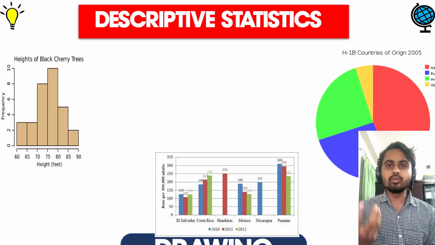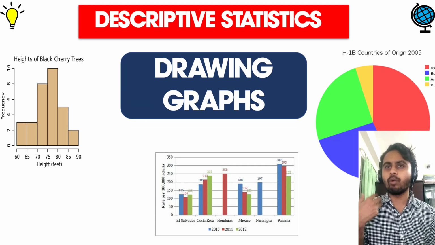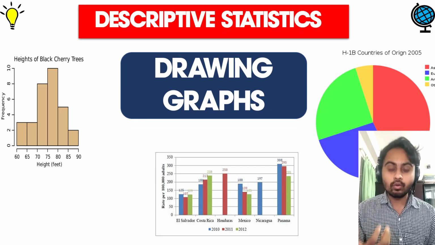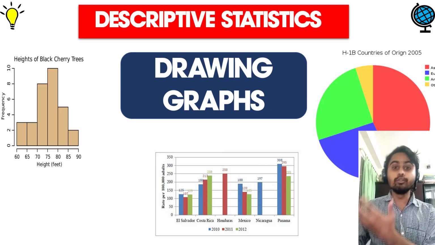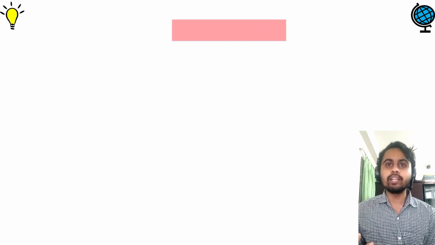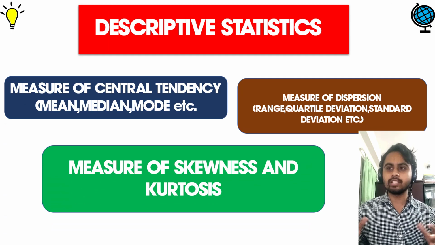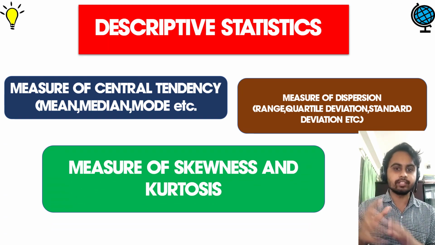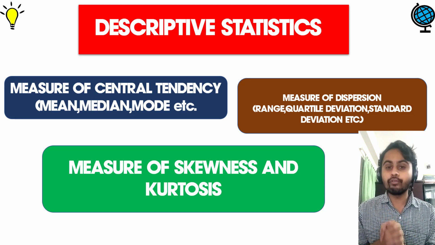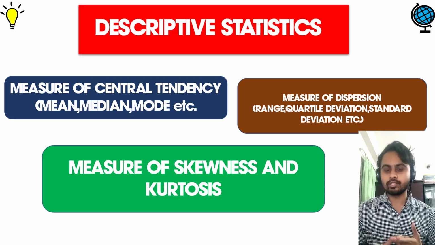You can make graphs, and in graphical analysis, your goal is not to tell about the future. You can find different measures, as already mentioned, to describe the data. Say from a data set, you can say this is the average value of this data set. This is not inferential statistics, this is descriptive statistics.